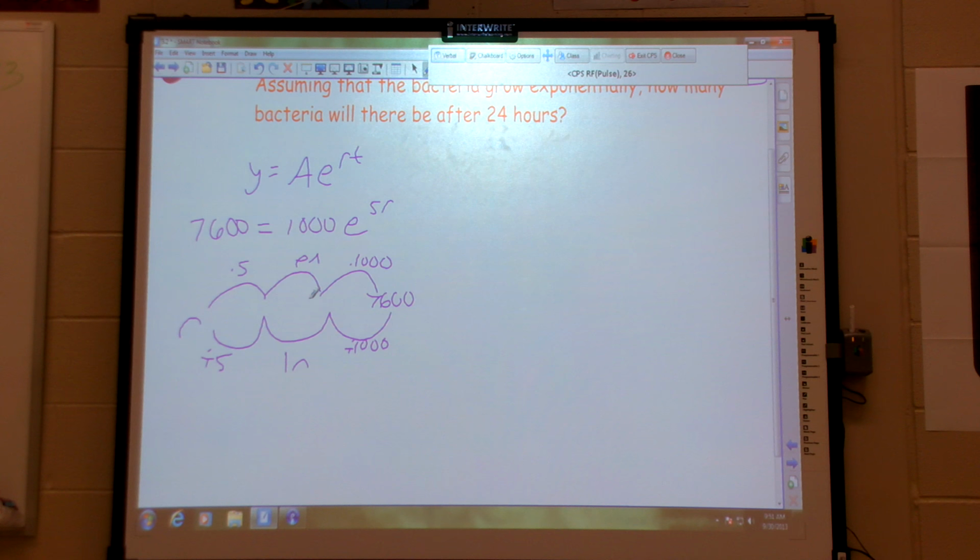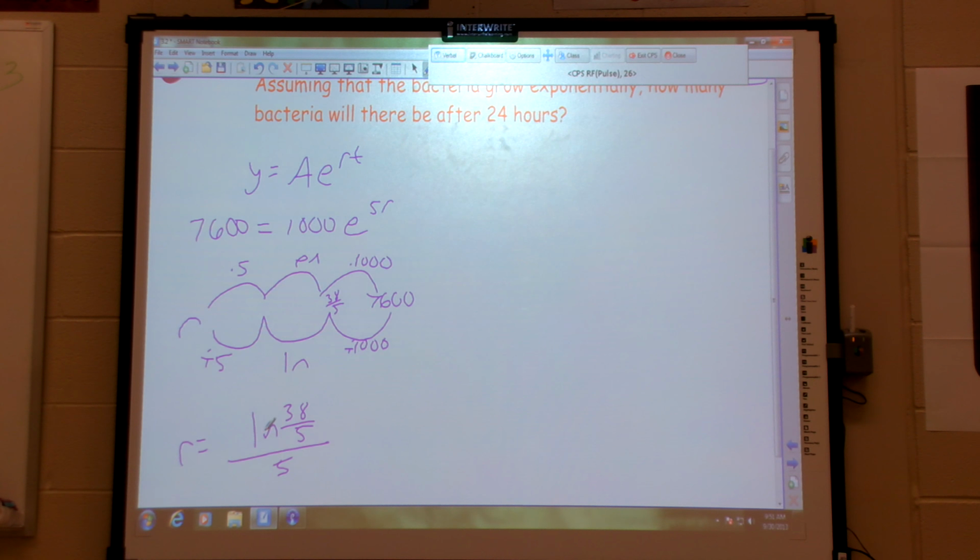When I divide that, what will I get? Give me a fraction. 38 over 5. So I have natural log of 38 over 5, all divided by 5. You agree with that? You must have an exact answer here. Do not give a decimal or your final answer is going to be wrong.